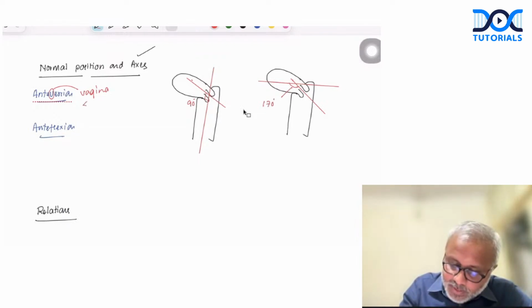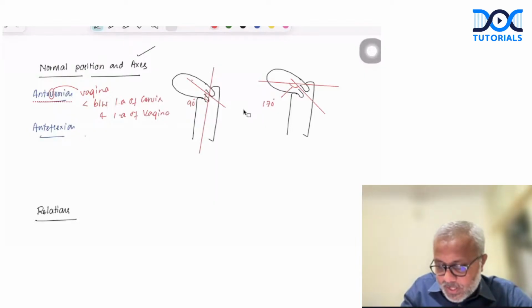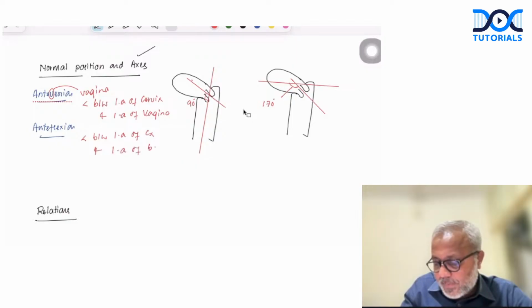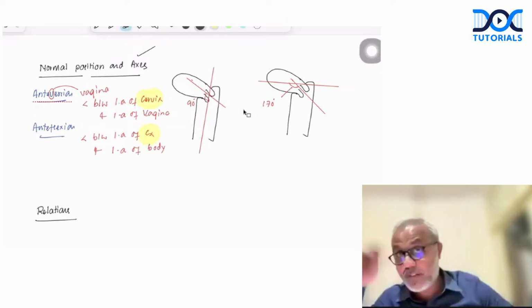Anteversion is the angle between the long axis of cervix and long axis of vagina. Anteflexion is the angle between the long axis of cervix and long axis of the body of the uterus. So which one is common here? Cervix is common.